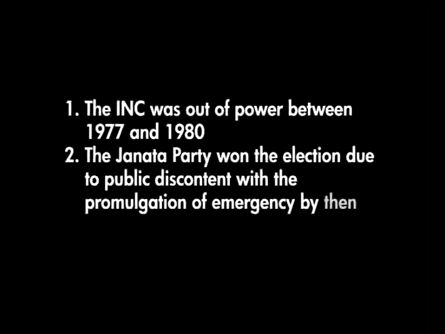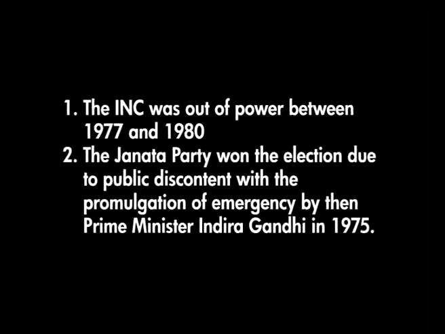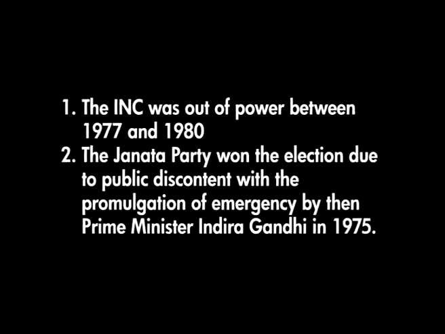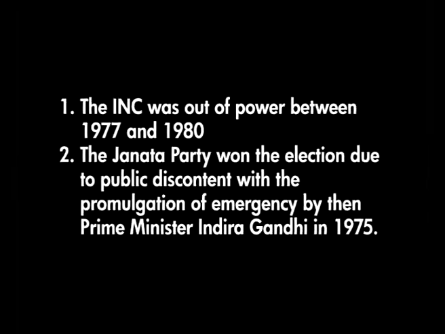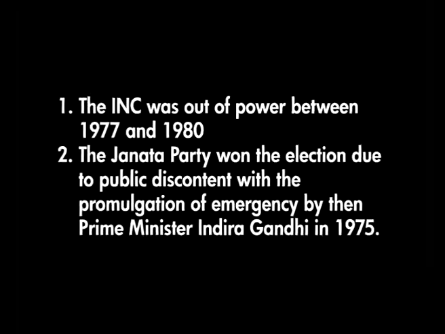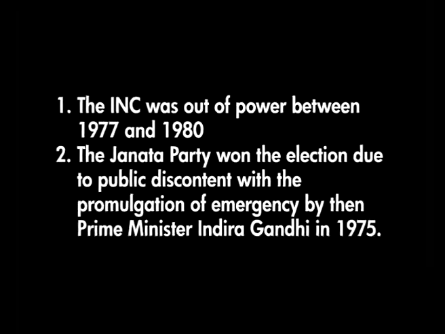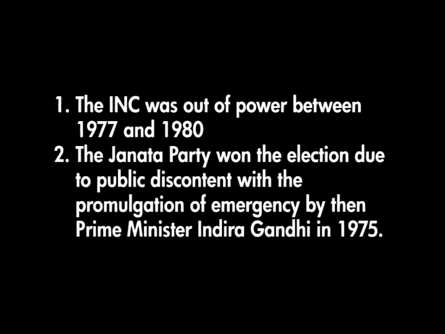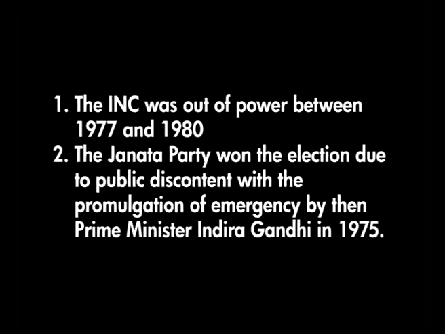From 1950 to 1990, barring two brief periods, the INC enjoyed a parliamentary majority. The INC was out of power between 1977 and 1980 when the Janata Party won the election due to public discontent and the promulgation of emergency by Prime Minister Indira Gandhi in 1975.